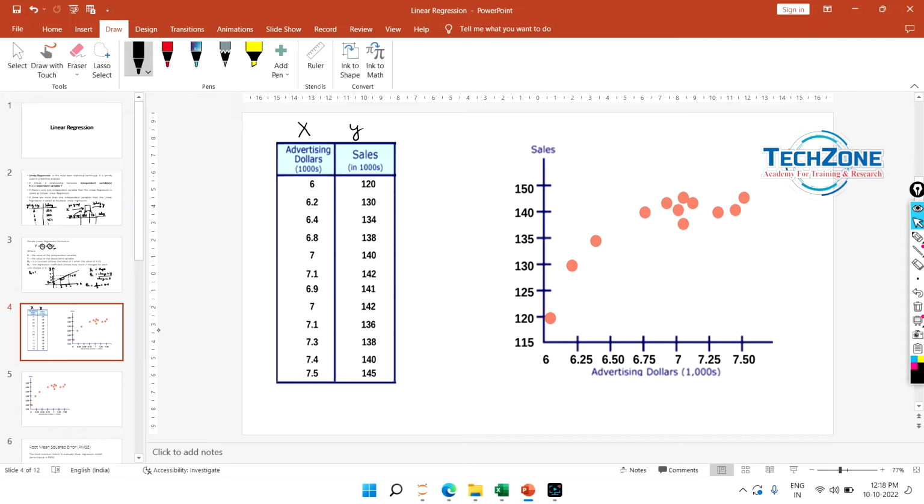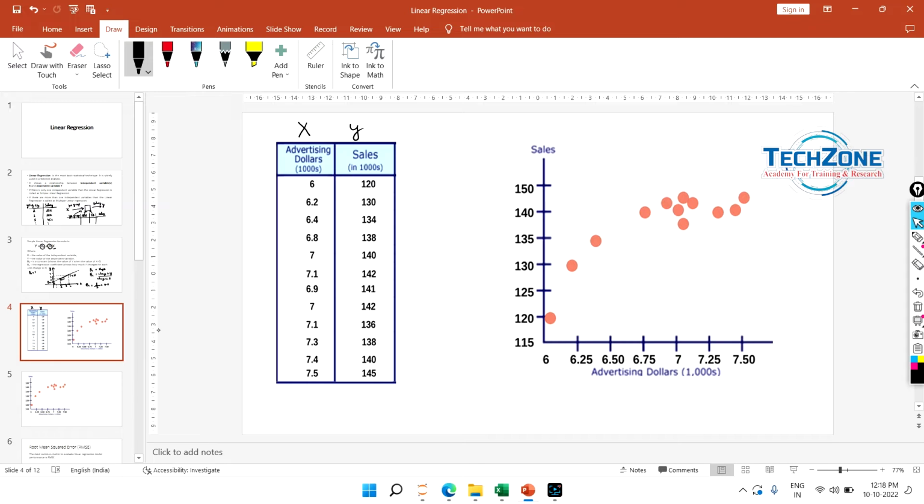If we are spending $6,000 in advertising, we are getting sales of 120,000. Similarly, if you are spending 6.2, we are getting sales of 130, and so on. This is simple linear regression because we have one independent variable.